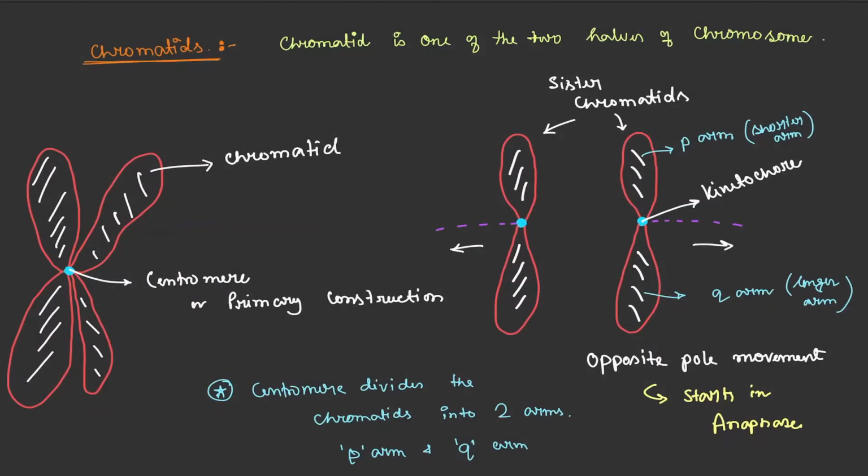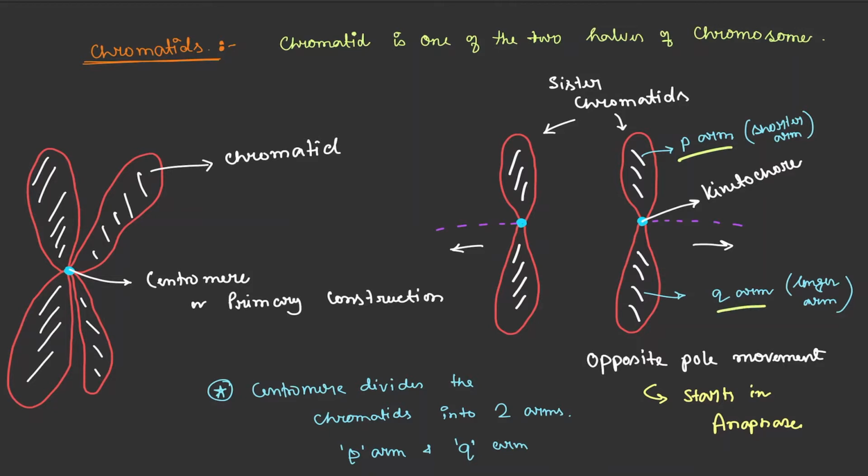Now let's talk about what the chromatids are. As I said earlier, the chromatids are the two identical halves of the chromosome. If two chromatids are generated from one chromosome, they are called sister chromatids. The centromere of each chromatid divides the chromatid into two arms, the shorter arm and the longer arm.